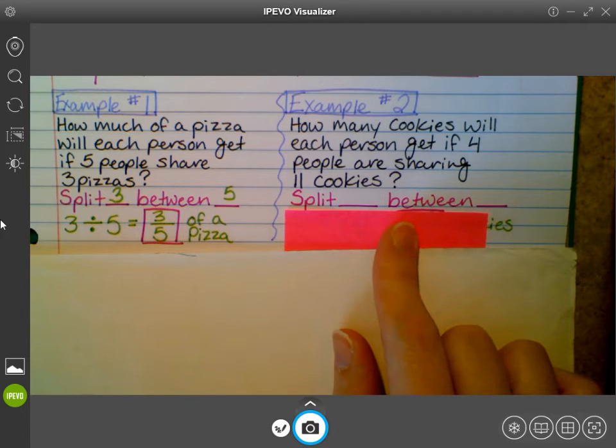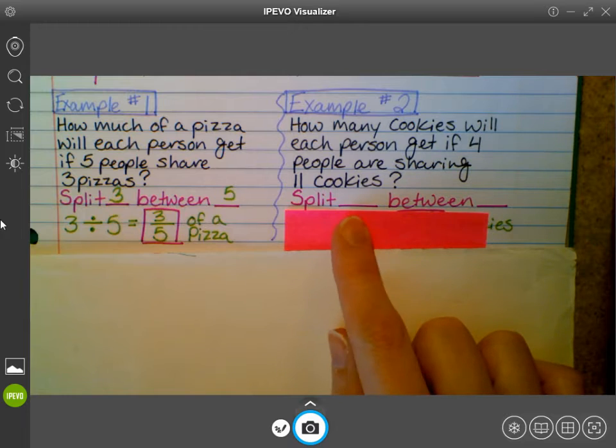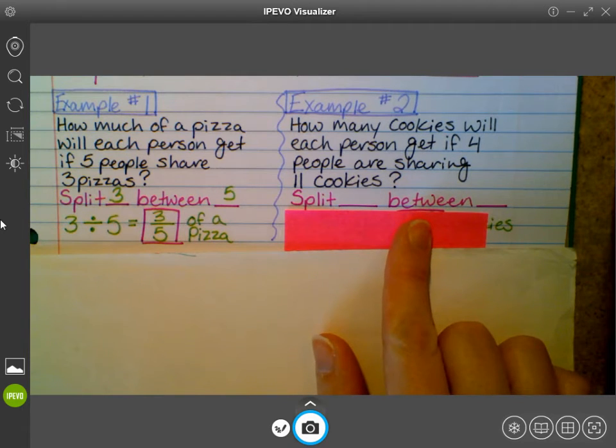Turn and share. Jack, you can turn around and talk with Addie, and Sana, you can talk with Zoe.